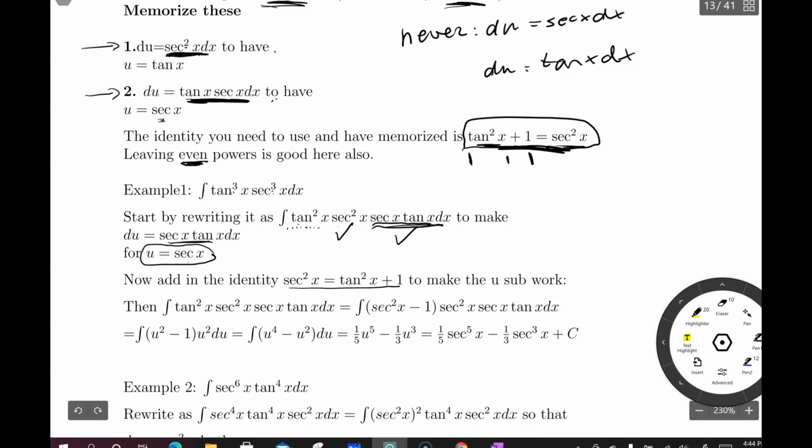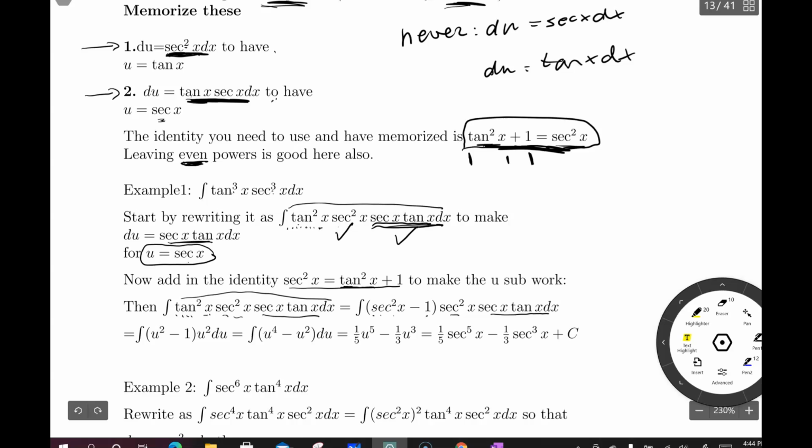So I need to rewrite tangent squared in terms of secants. Okay, so I've written the same thing down here. So this here is this, right? All x's. I'm going to take out tangent squared, and I'm going to put in secant squared x minus 1. And then carry everything else along: secant squared, secant tangent.